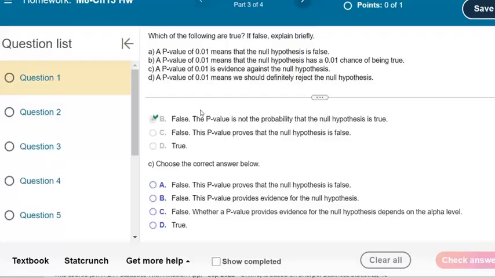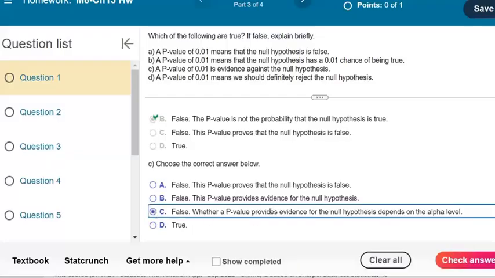No, that's the opposite. This p-value is providing evidence against the null hypothesis, so not B. A low p-value means the null hypothesis is unlikely. C, whether a p-value provides evidence for the null hypothesis depends on the alpha level. That is true. So I think C is the only one we can say.